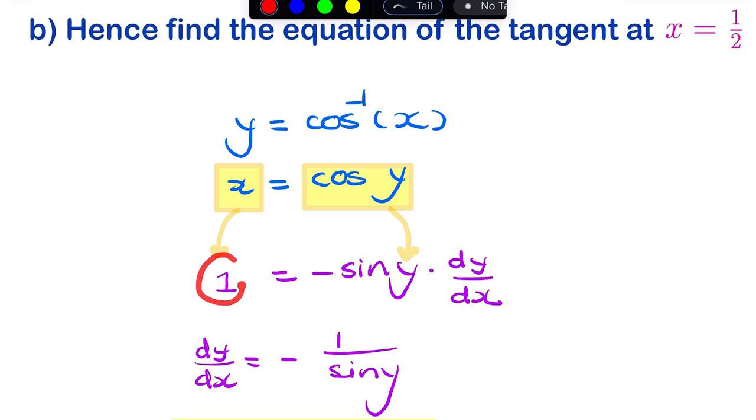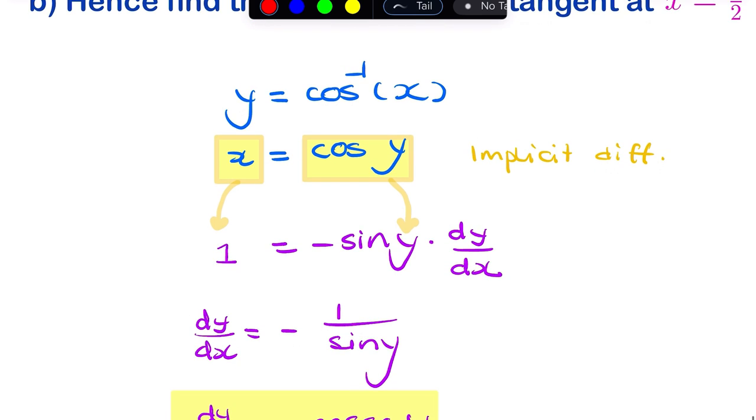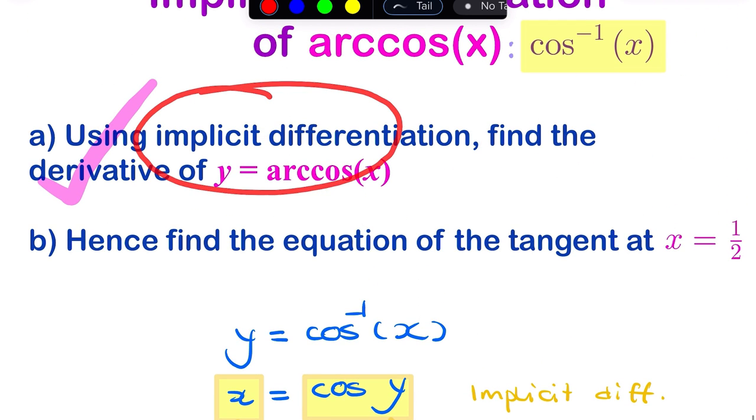Then I used implicit differentiation to actually form that equation. I could have, if I wanted to, found dx by dy, and I would have got the same answer, but the question specifically states to use implicit differentiation.